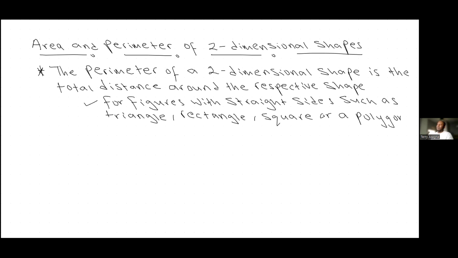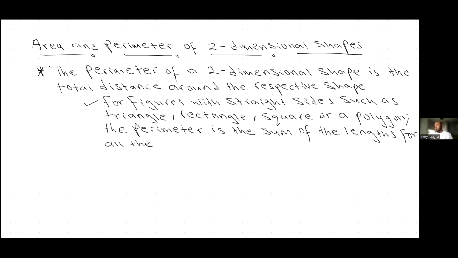For this type, the perimeter is the sum of the lengths for all sides. Okay.